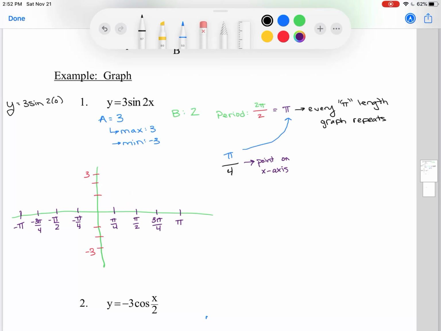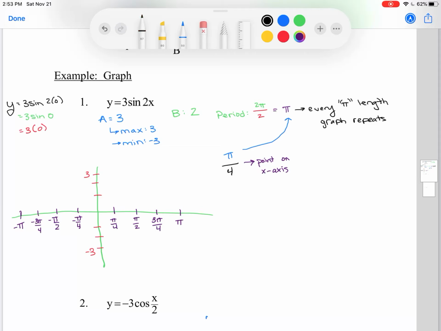And now when I go to determine my function, or my answers, my coordinates, I'm going to start by plugging in a 0. So what that tells me is I'm going to find my y value of the function 3 sine 2x, and I have to now introduce 0 radians for my x. So I have to do that 2 times 0 first before I can find the sine at that value.